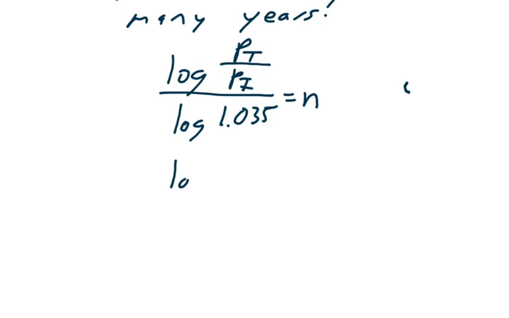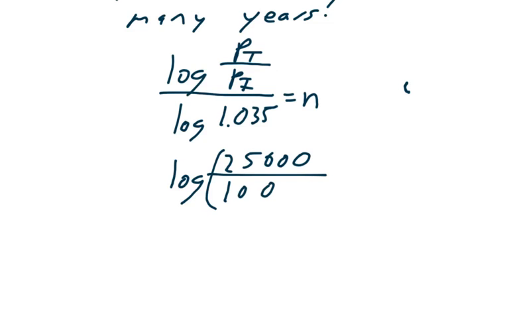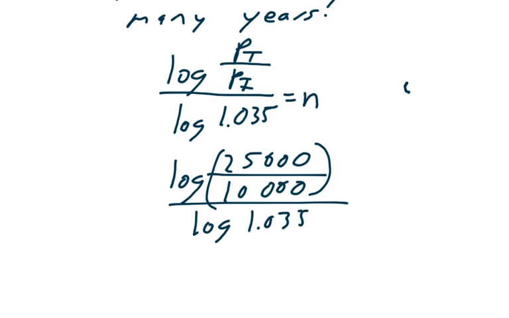So what we're going to do is the log of the big number, 25,000, divided by the log of 10,000, all over the log of 1.035, because that's what they gave us. Make sure when you do this you have this fraction in parentheses, and you find out that it took 26.6 years.